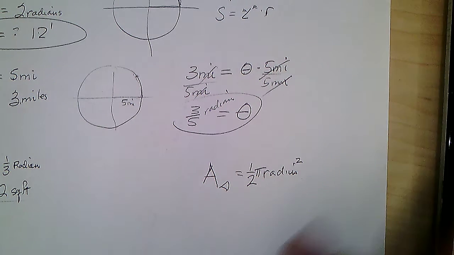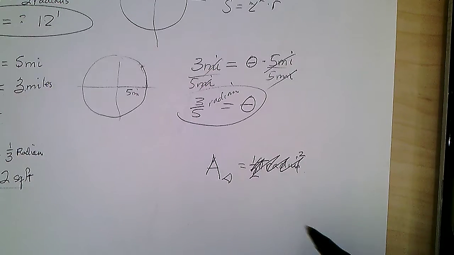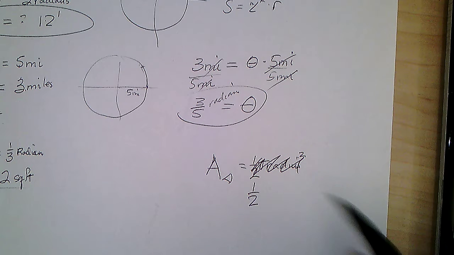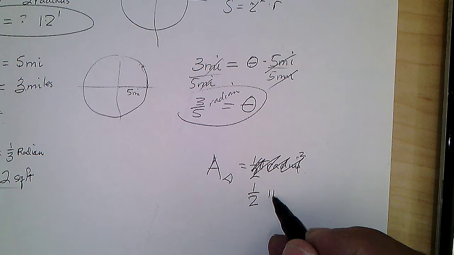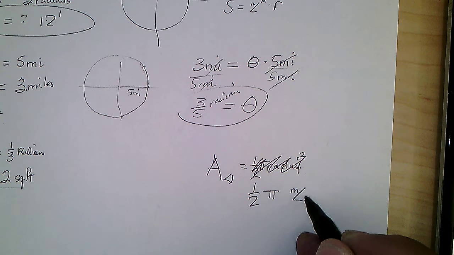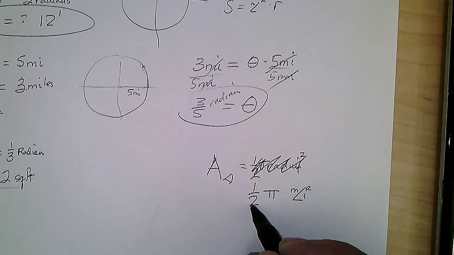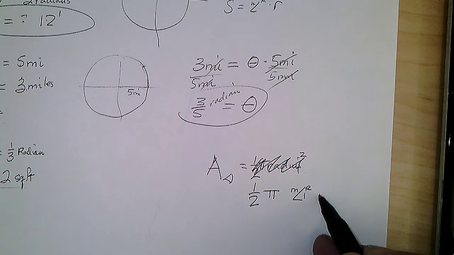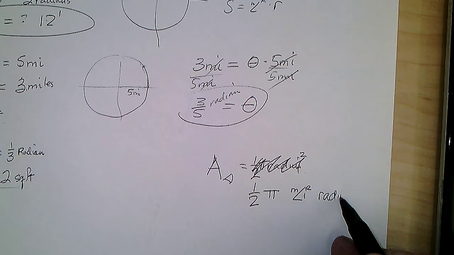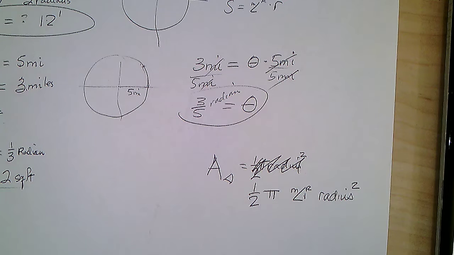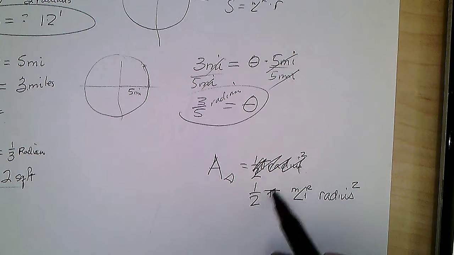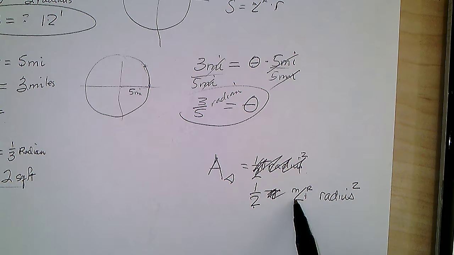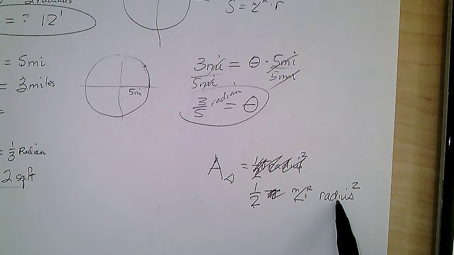No, I'm doing something wrong here. 1/2 arc length, which is the measure of the angle in radians, arc length times a half times the radius, squared. No pi. 1/2 the measure of the angle times the radius squared. I had to think that one through.